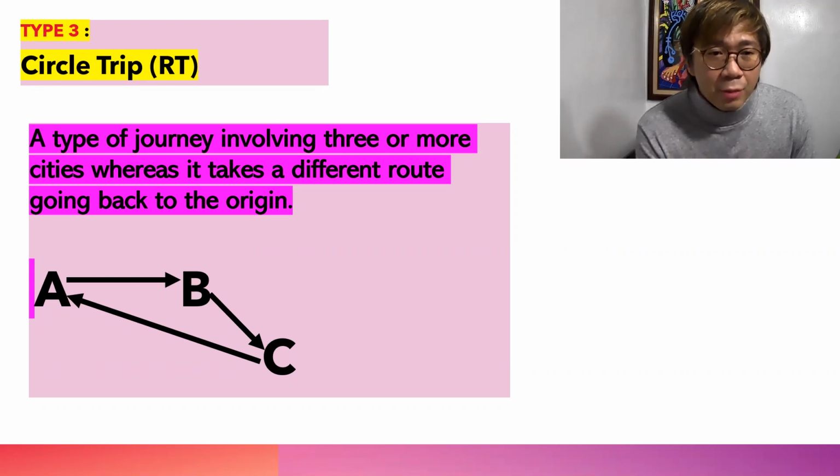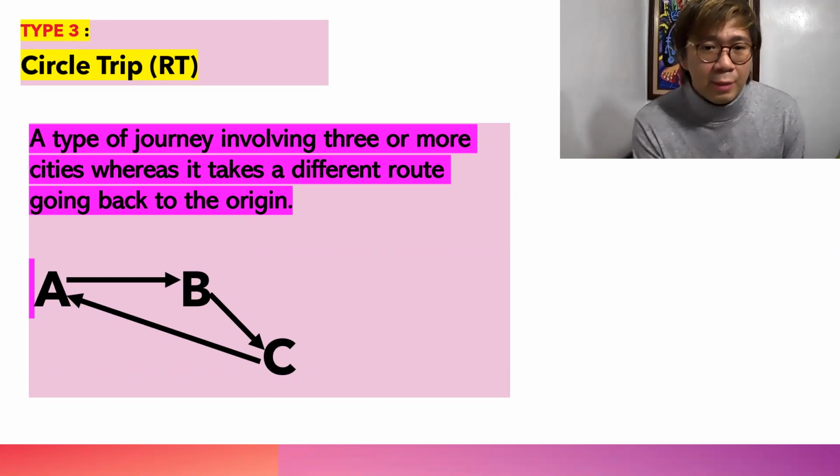Now, since C goes straight to A, how you get to C is not totally the same as how you get to A, right? So that's different. The A, B, C route is longer than your C, A points. So that's the logic here.